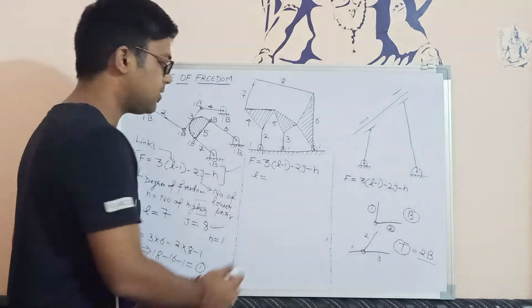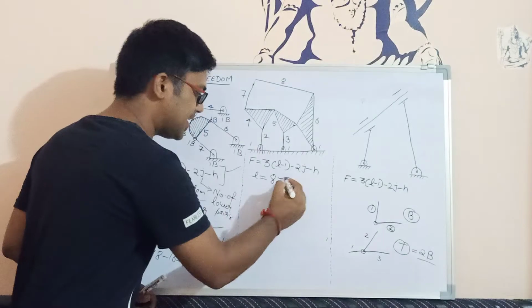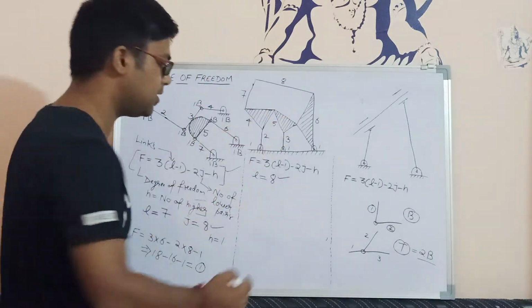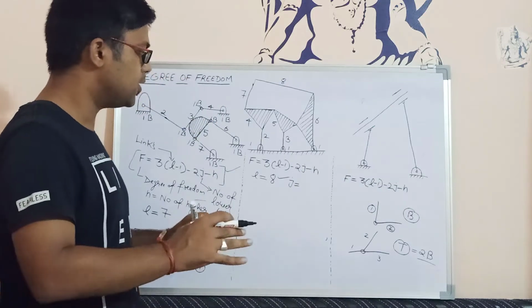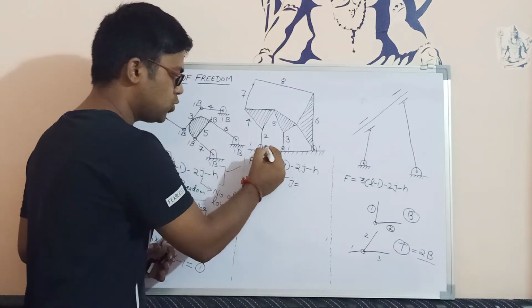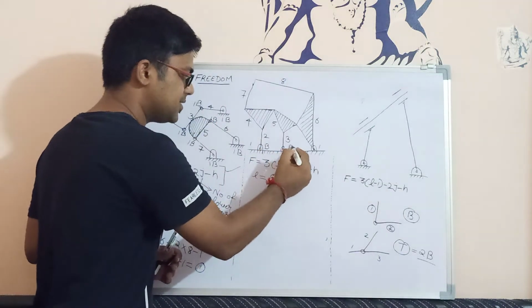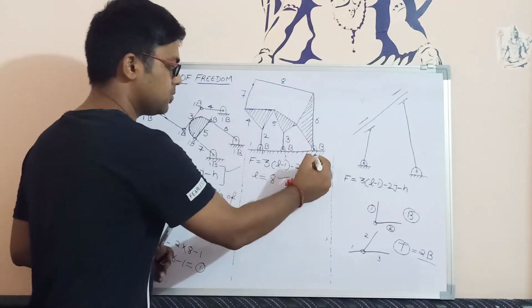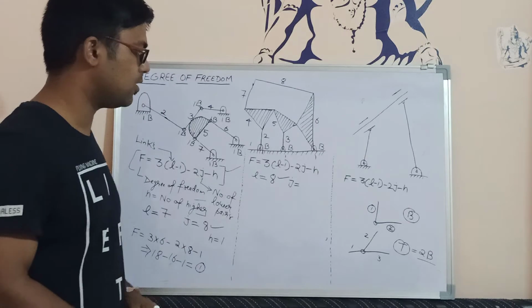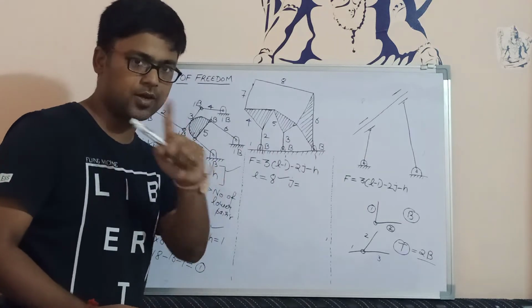Now I can write that the number of links is 8. So how many joints are there? We have to find the number of joints. When we say joints, again, this is going to be my first binary joint, second binary joint and third binary joint. So all the fixed links will basically constitute binary joints.